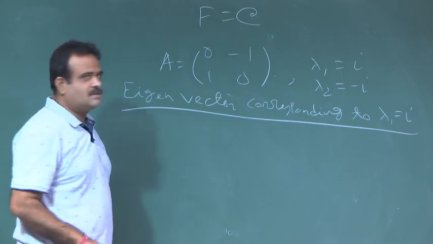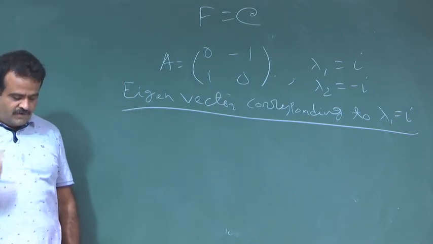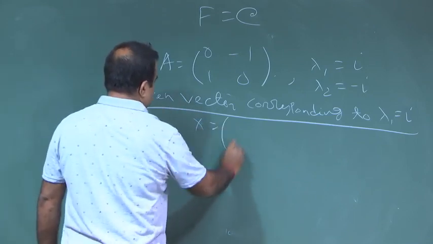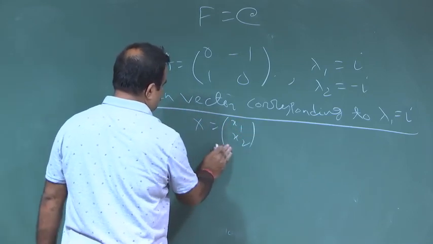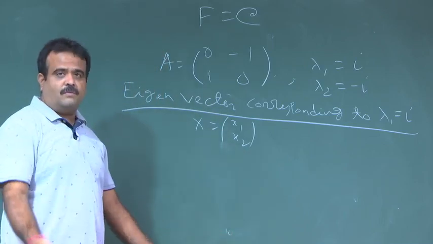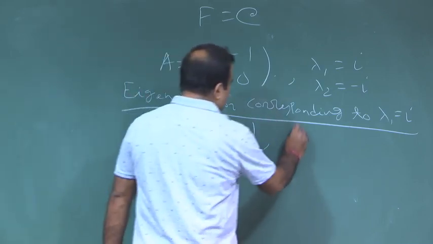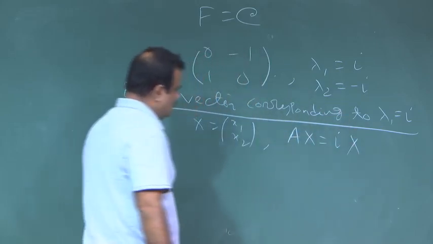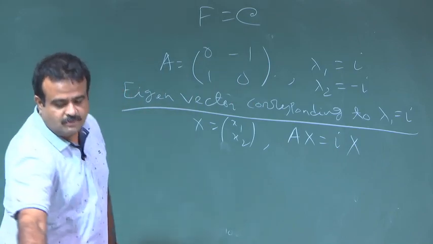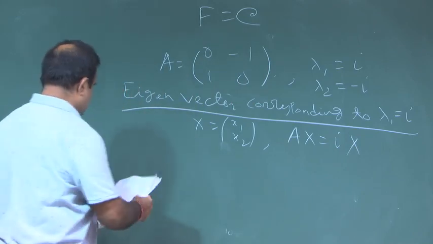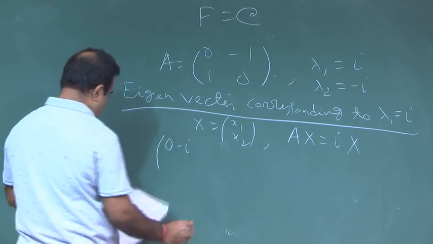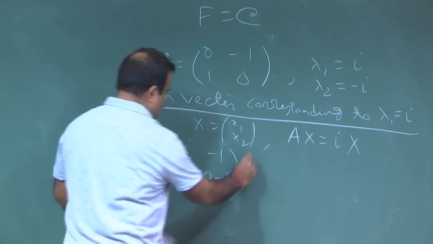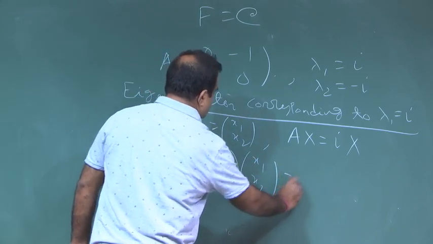How to find it? This is the set of all non-zero vectors, now coming from the complex field, such that A x equals lambda 1 x, where lambda 1 is i. If we simplify, we get the homogeneous equation: 0 minus i, minus 1, 1, 0 minus i, times x1, x2, equal to 0, 0.